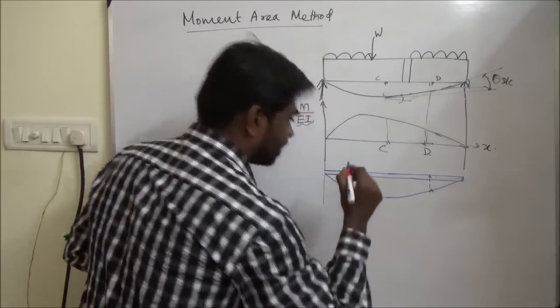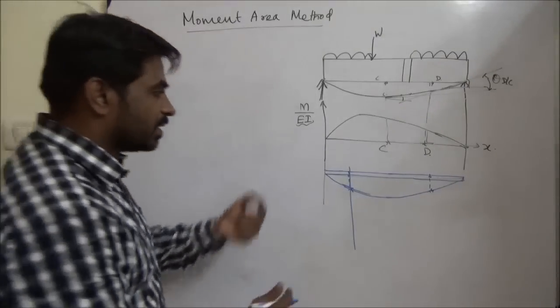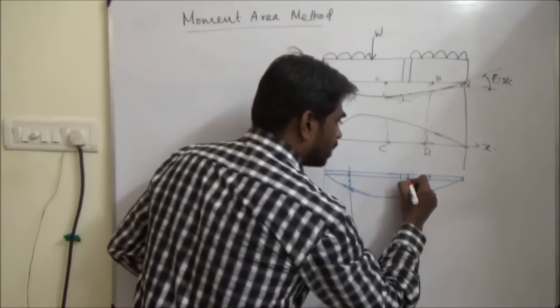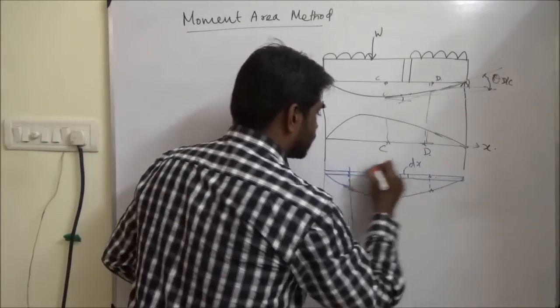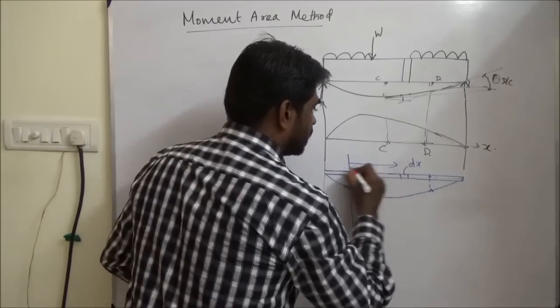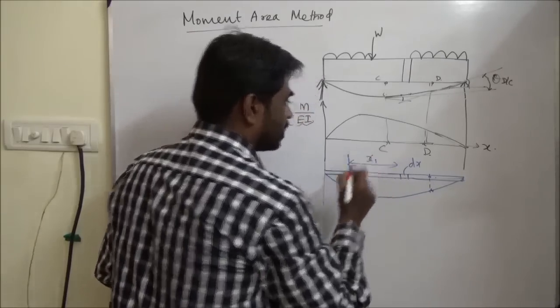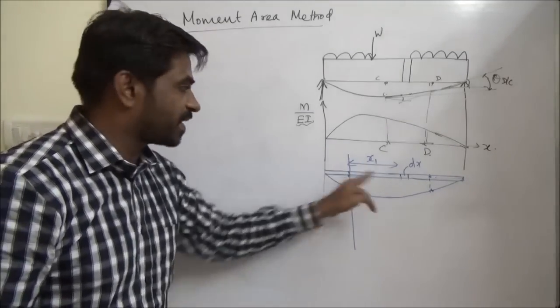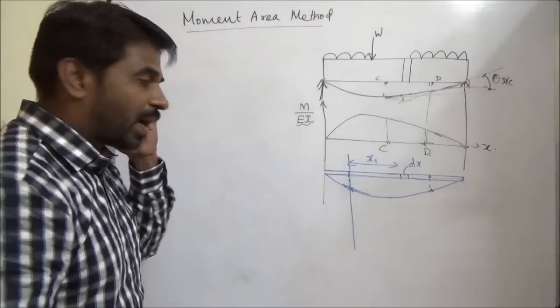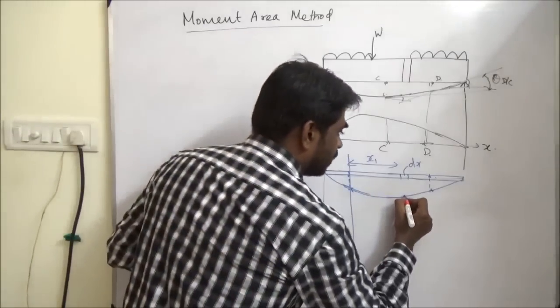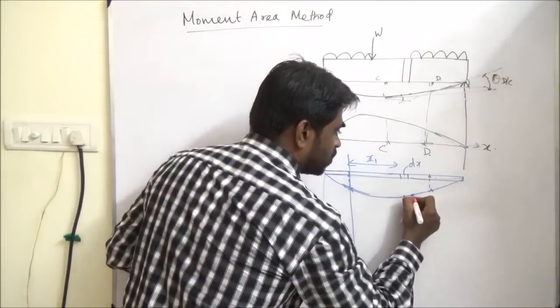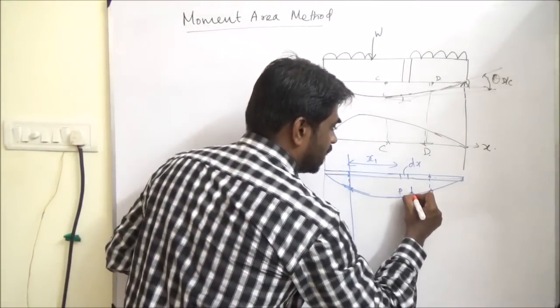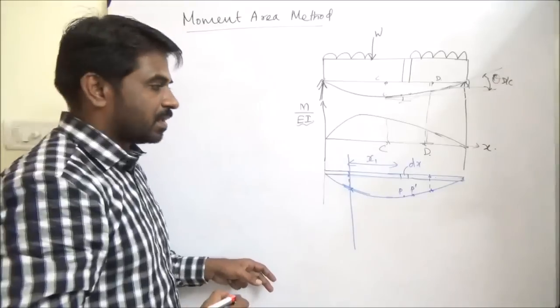If I just extend this, okay, take the small dx, the distance between this, the small element from this reference is x1. Now if I just project these 2 points, let this be P and P dash, okay.